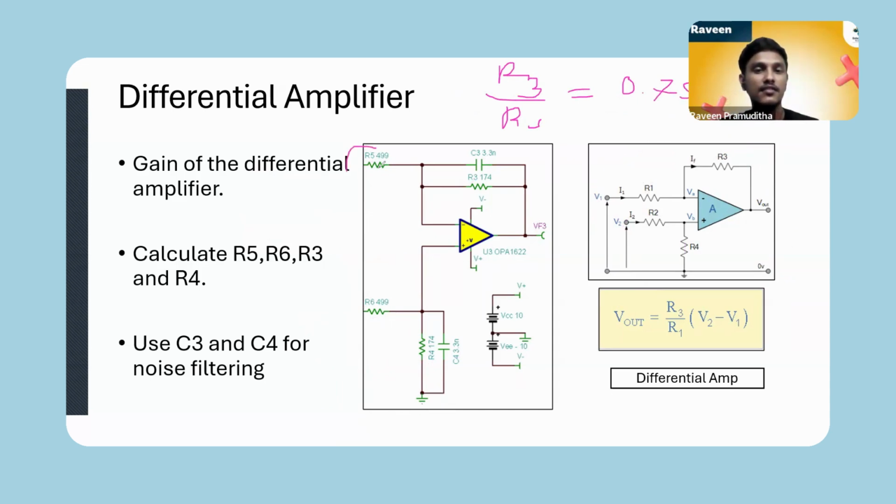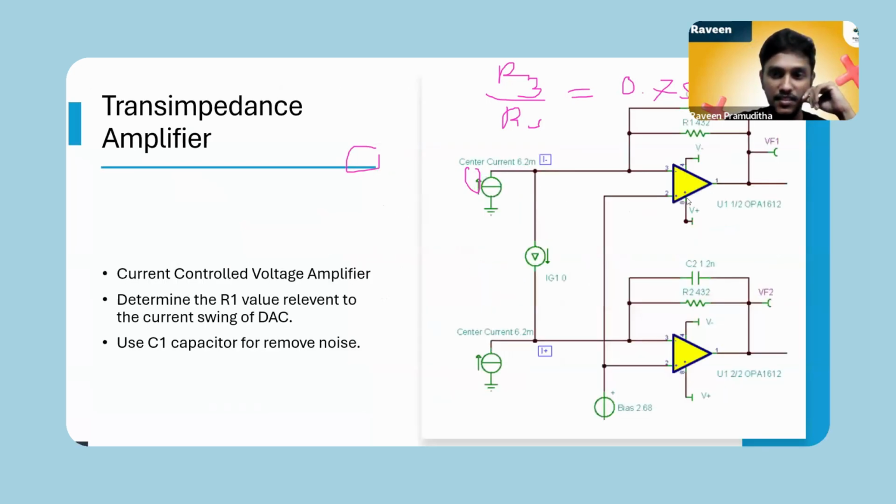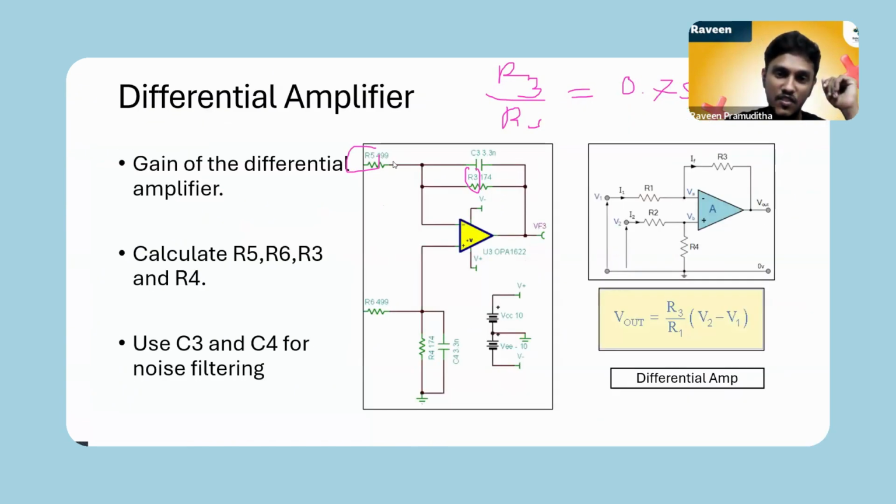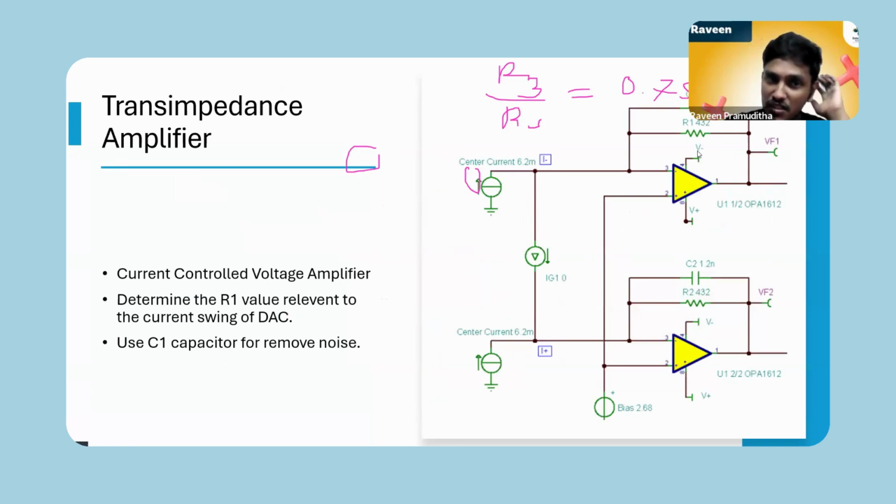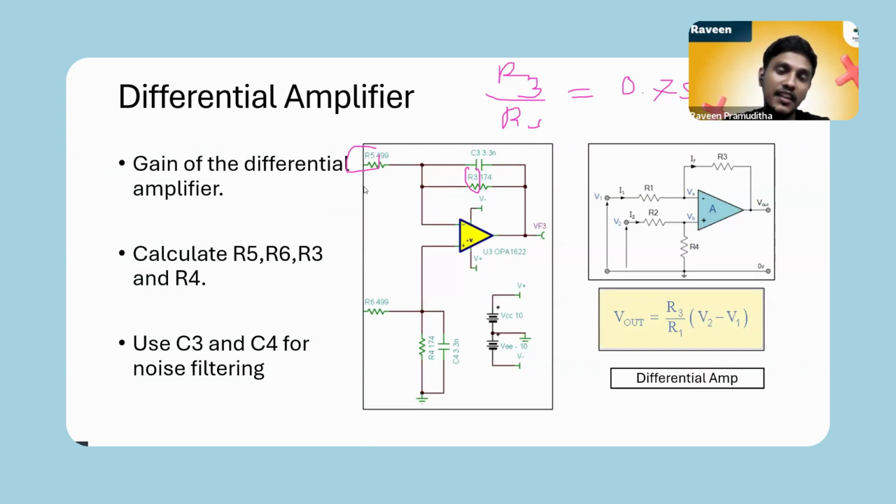Then I need to decide one value for R3 and R5. We need to consider here: if I use smaller values for R5 and R3 in this circuit, the previous transimpedance amplifier sees these as the load resistors, so our calculation can go wrong.